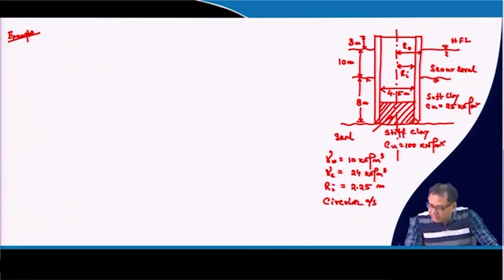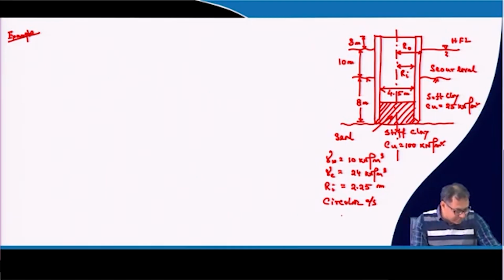So, that means it is passing through a soft clay layer of Cu 25 kilonewton per meter square and resting on a stiff clay layer whose Cu is 100 kilonewton per meter square. The grip length is 8 meter, and the other properties are given.